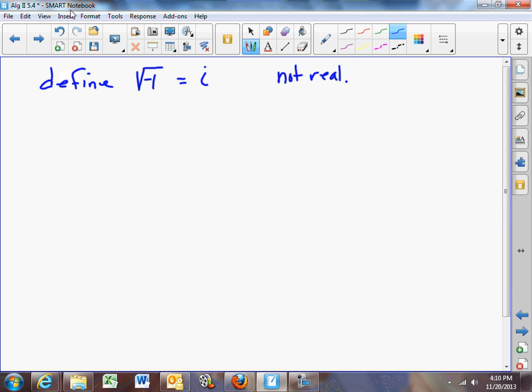Now, that's kind of reinforced by my saying it's not real. But what I mean by that is if you take a positive real number and multiply it by itself, another positive real number, you will get a positive real number.